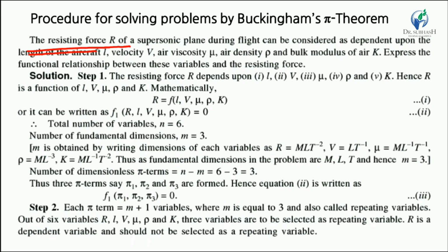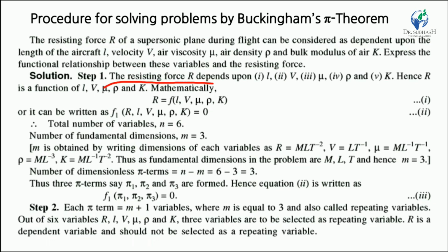The resisting force R of a supersonic plane during flight can be considered as dependent upon the length of the aircraft L, velocity V, air viscosity mu, air density rho, and bulk modulus of air K. Express the functional relationship between the variables and the resisting force. Now, the solution of this problem with the help of the Π theorem.